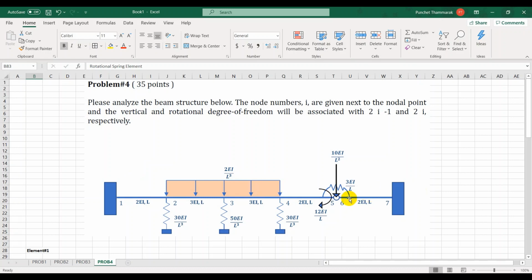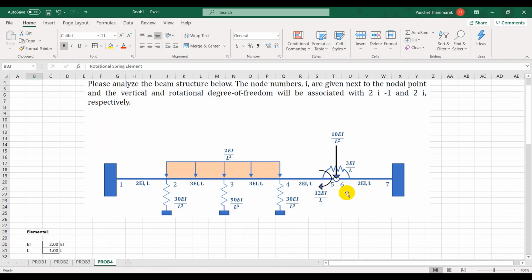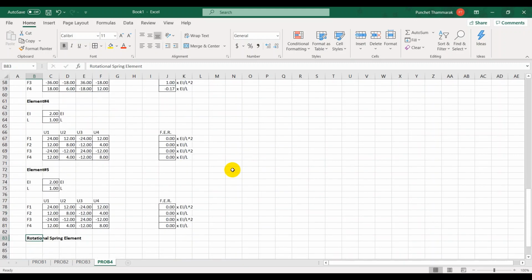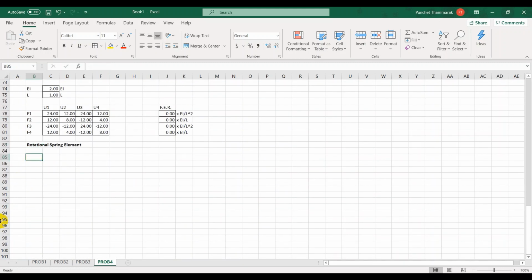Now, let's take a look at the rotational spring. The rotational spring links between the rotational degree of freedom number 10 and number 12. Alright, of which the stiffness is 3EI over L. So we're gonna put this here.